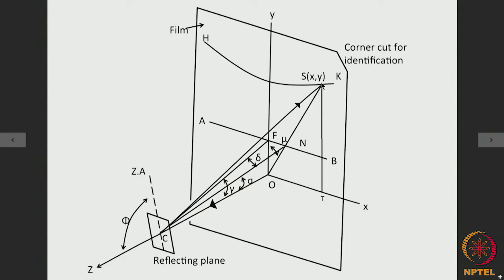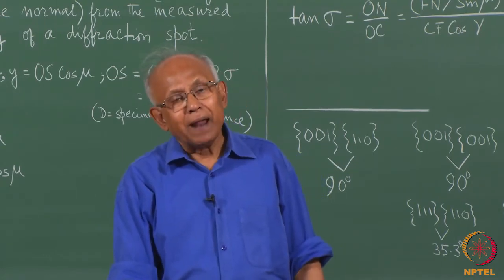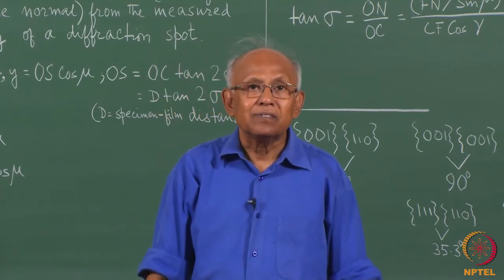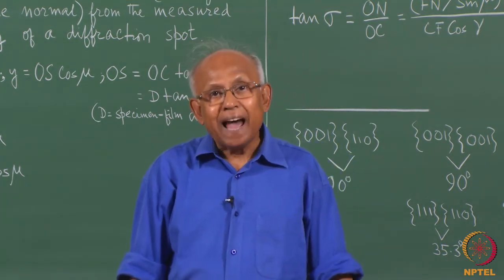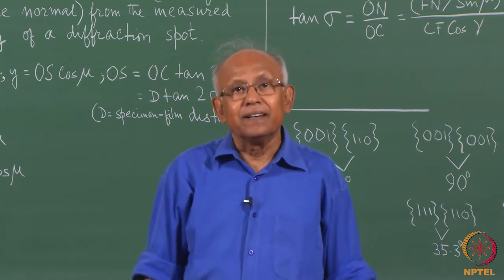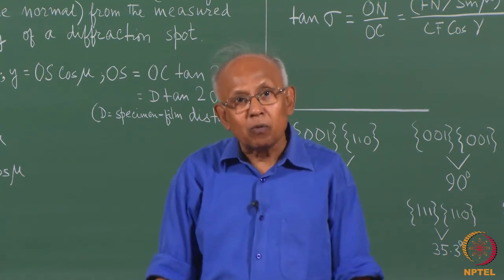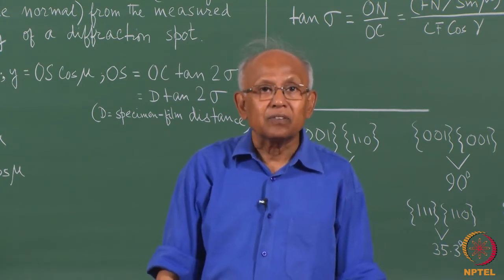But the problem is, if we remember, Bragg's law says lambda is equal to 2d sin theta. So, lambda in case of the Laue method is not a monochromatic radiation, it is a polychromatic or white radiation, a mixture of various radiations.